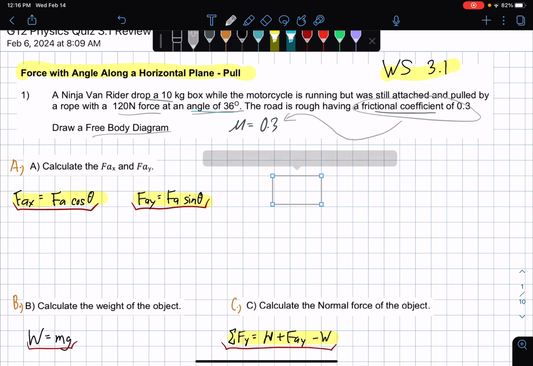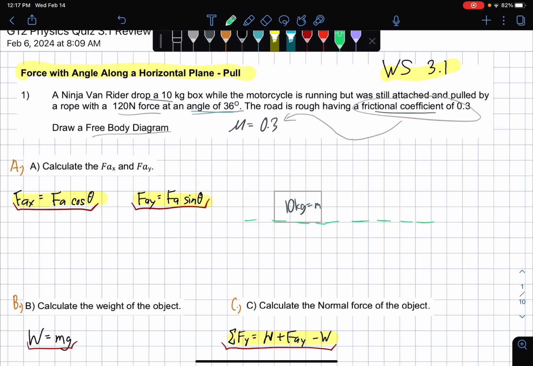So first, let's draw a rectangle, or maybe a box. It's more sensible to put a box, but I'll put a rectangle anyways. That detail doesn't really matter that much. So we have 10 kilograms, that would be the mass. And I believe this is the surface, perhaps the road, the asphalt.